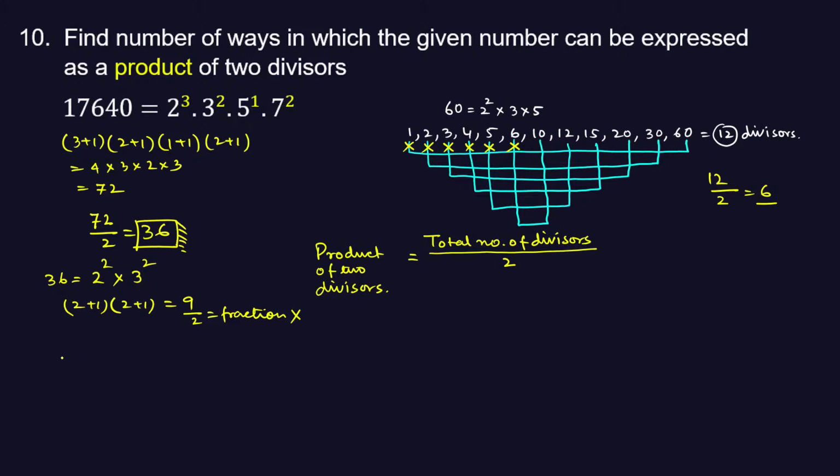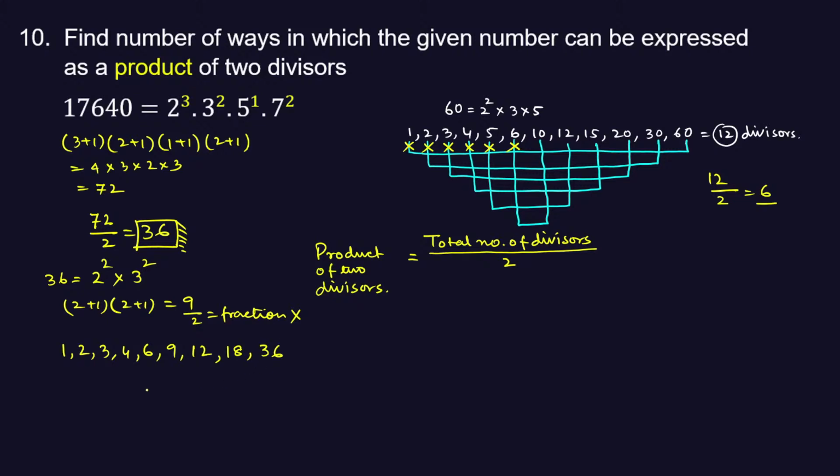What are the factors of 36? It's 1, 2, 3, 4, 6, 9, 12, then 18, then 36, right?